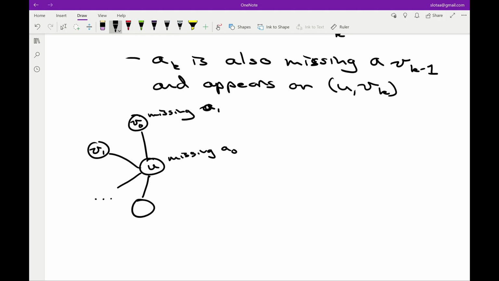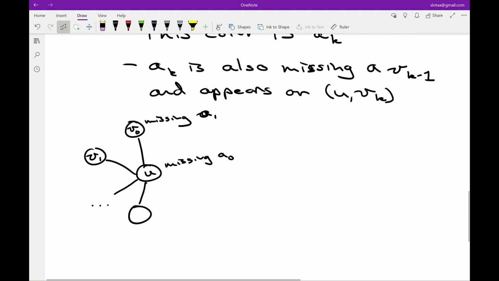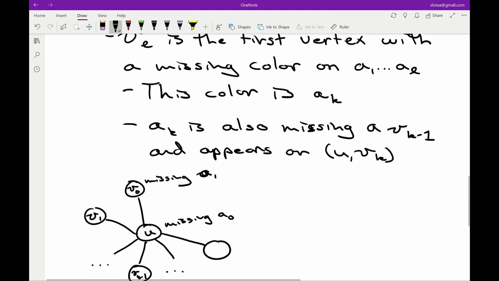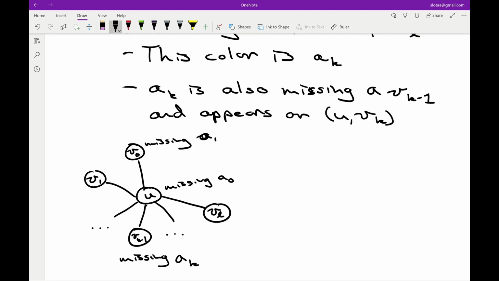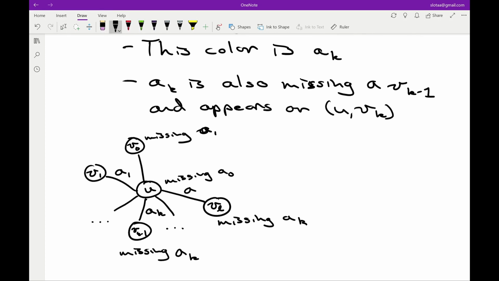Then we have some vertex V sub K minus 1, which is missing A sub K. And then we have our V sub L, which is also missing A sub K. So this is essentially the setup that we had before, and we have A1 here, and A sub K right here, and color A sub L is going to be on that specific edge.